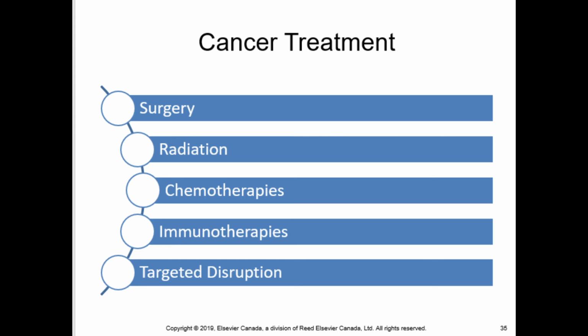Lastly, in the case of targeted disruption, this is a highly specific process that is often used in combination with chemotherapy. Targeted disruption attempts to inactivate oncogenes, which are those mutant genes.